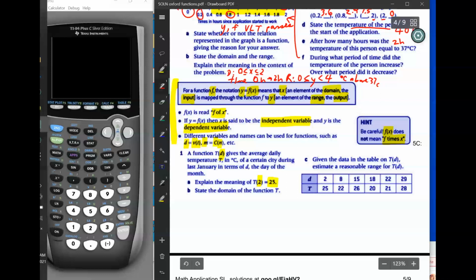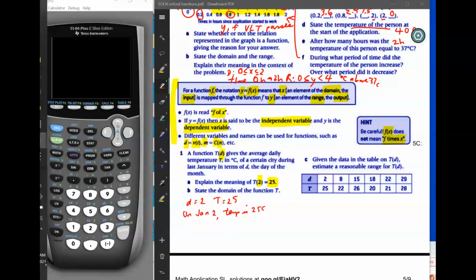So if you wanted to put that in a sentence, basically what you're saying is D equals 2 and big T equals 25, so you can say something like, on January 2nd, temperature is 25°C. The important part of that statement is that there's a connection between January 2nd and the temperature 25°C. That's when the temperature happened, right?